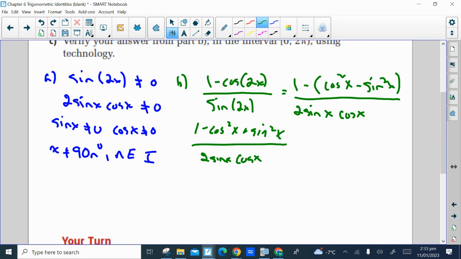And as of right now, we can't cancel anything because we've got a trinomial on top. You have to be able to cancel the same thing in all three terms, and you can't. Okay, so we've got some more work to do. Can anyone tell me what 1 minus cos squared x equals? This part right there. From the Pythagorean identity, that's right.